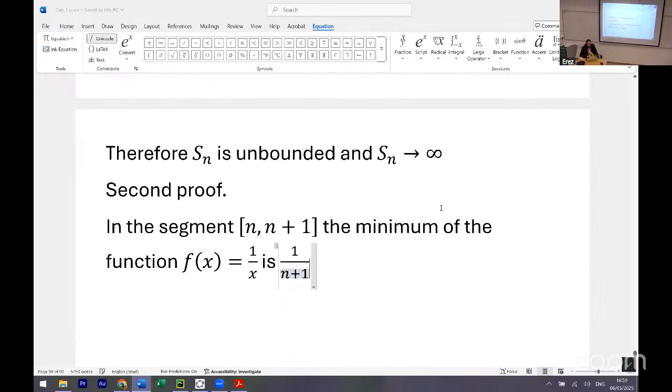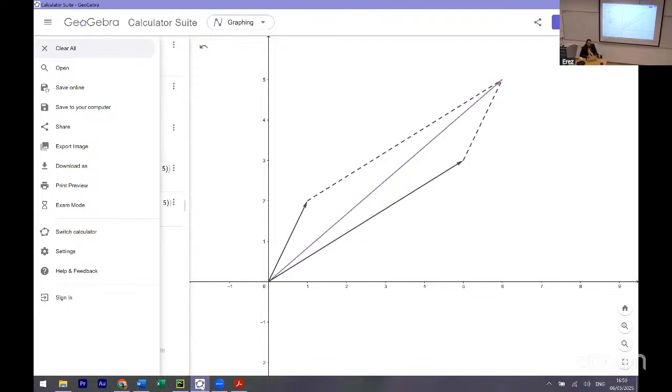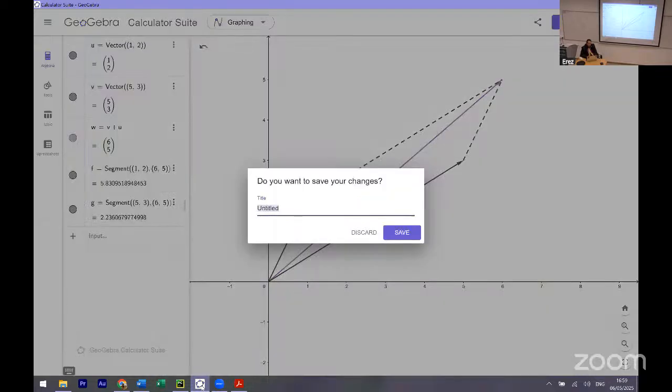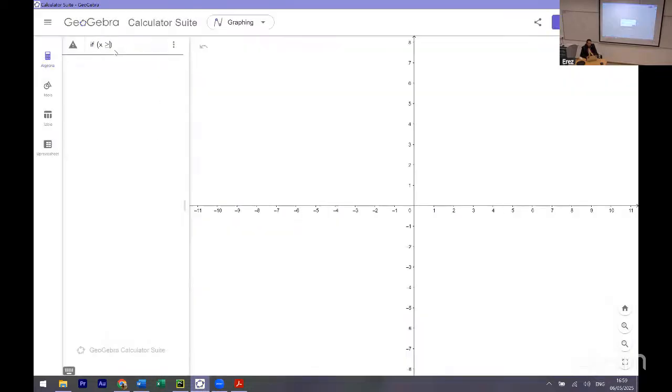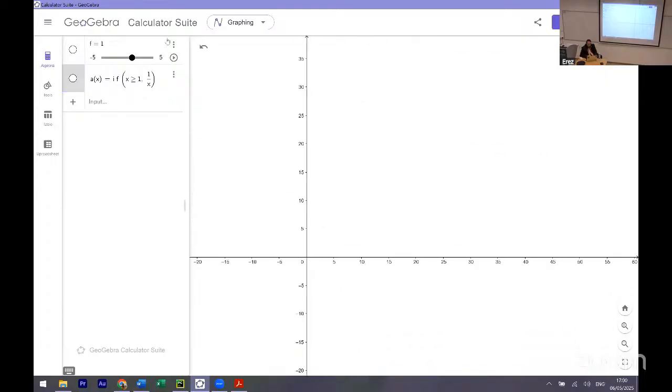Let's look at a drawing, a graph of that.